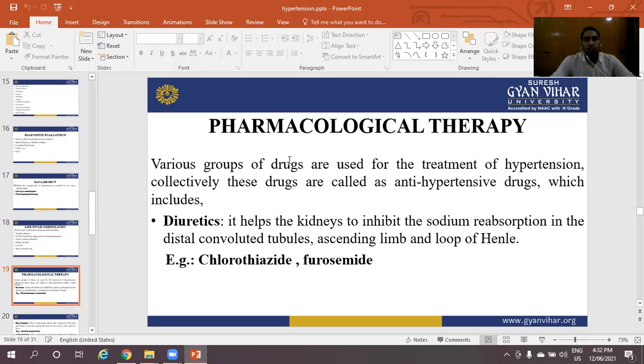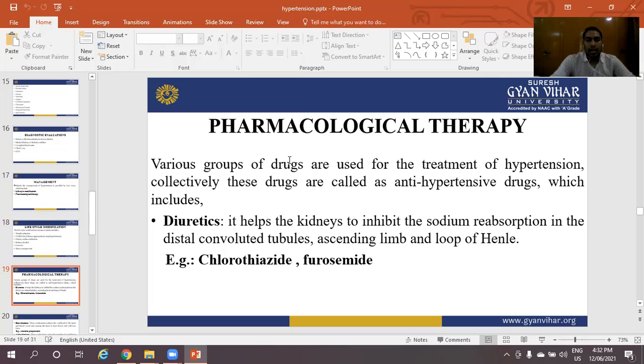Pharmacological therapy. Various groups of drugs are used for the treatment of hypertension. Collectively, these drugs are called antihypertensive drugs, which include diuretics. Diuretics help the kidney inhibit sodium reabsorption in the distal convoluted tubule, DCT, ascending limb and loop of Henle.